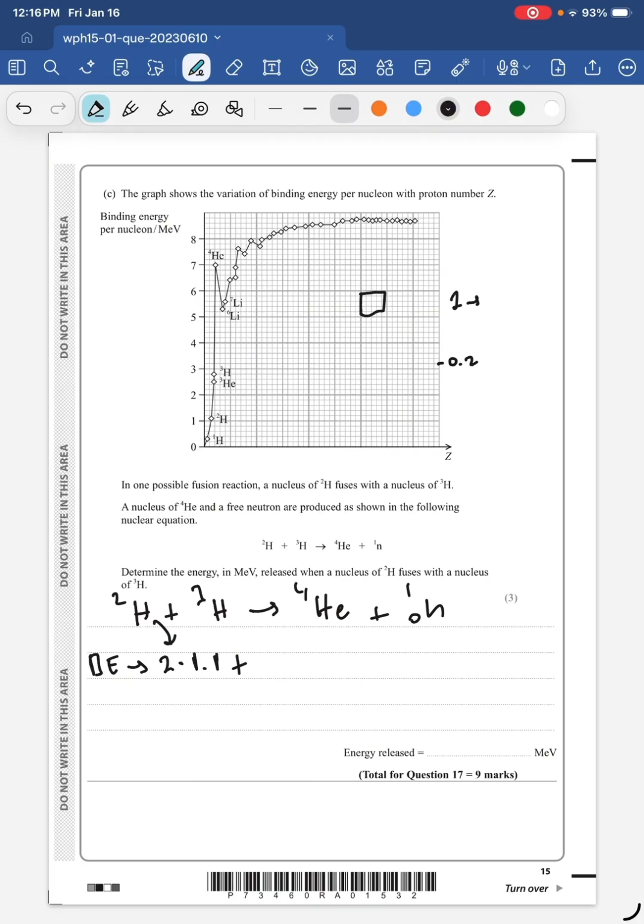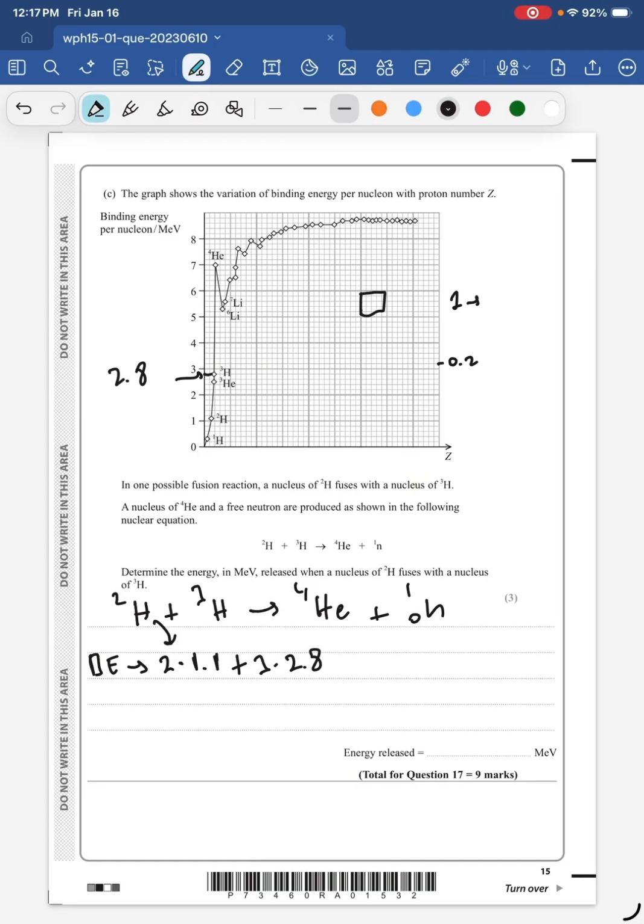And then for tritium, which is hydrogen-3, we have 3 times 2.8. It's clear that the binding energy per nucleon is 2.8 for tritium, which has 1 proton and 2 neutrons. So 3 times 2.8.